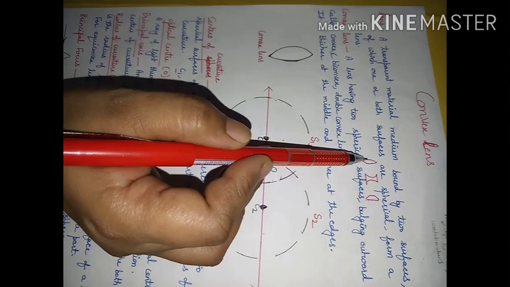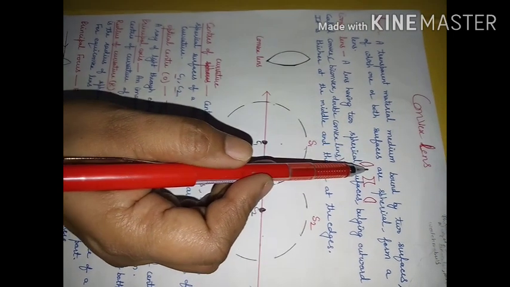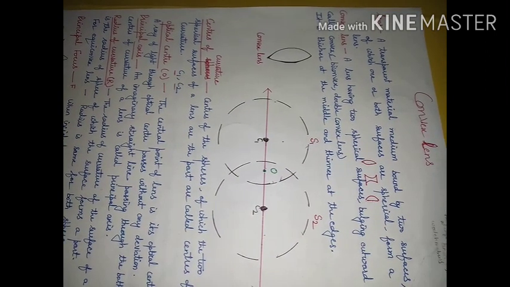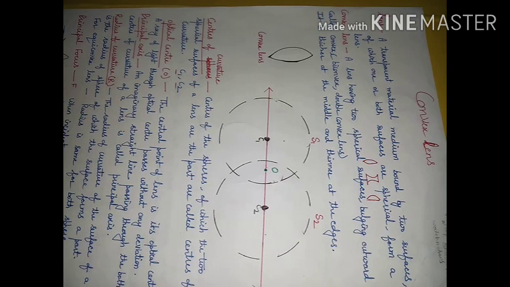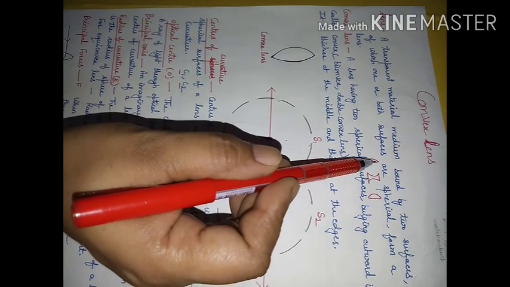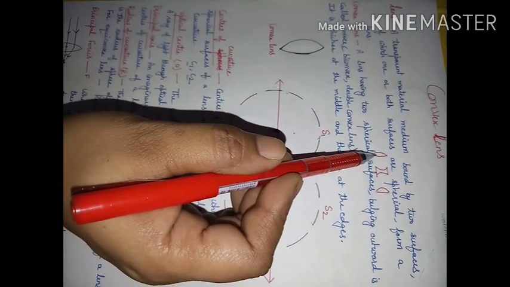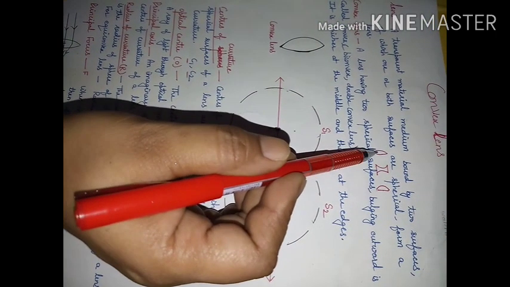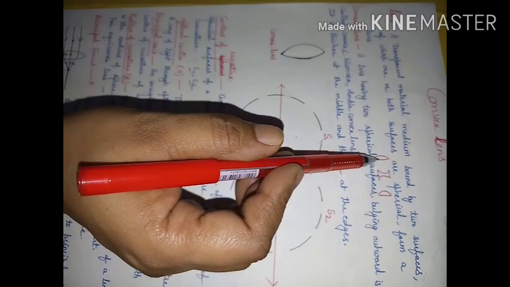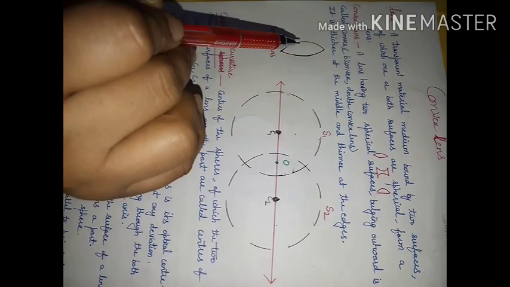We will focus only on the case where both the surfaces are spherical and bulging in the outward direction. This lens is made of a transparent medium, glass, and both its surfaces are bulging outward. This lens will be known as a convex lens. So our topic of discussion today is the convex lens.